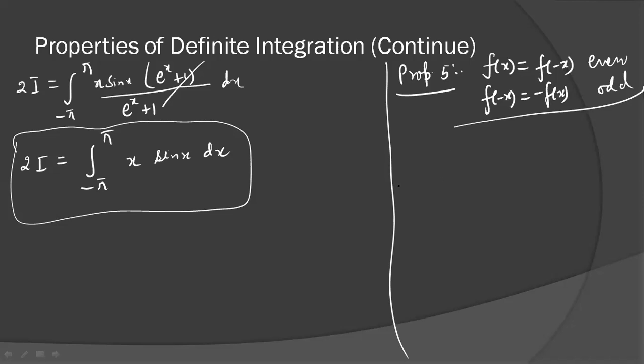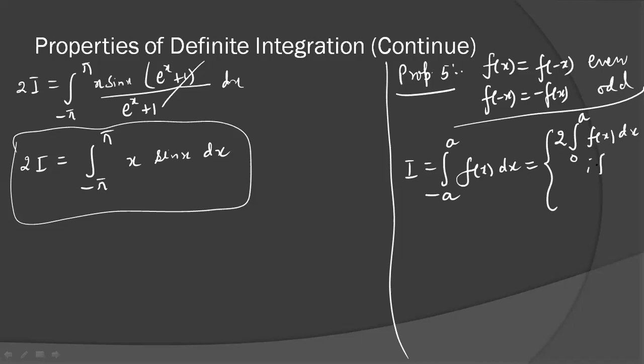So the integration from minus a to a of f(x) dx, where the limits are the same, is equal to twice the integration from 0 to a of f(x) dx when f(x) is an even function, and it is 0 when f(x) is an odd function. So if a function is even, you can take 2 times the integral from 0 to a of f(x) dx. If the function is odd, the integration will be 0.